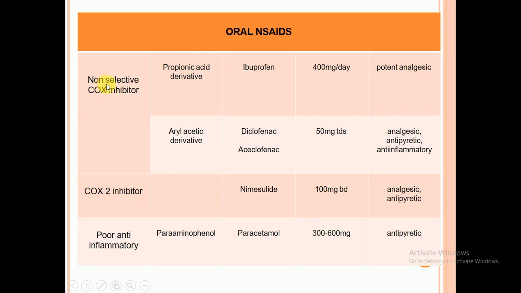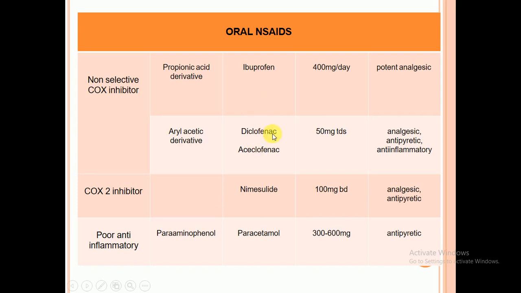Now look at this table, the non-selective COX inhibitor, that is the propionic acid derivative, ibuprofen, which is available in 400 milligrams and is a potent analgesic. The second one is aryl acetic acids, which also come under the category of non-selective COX inhibitors.